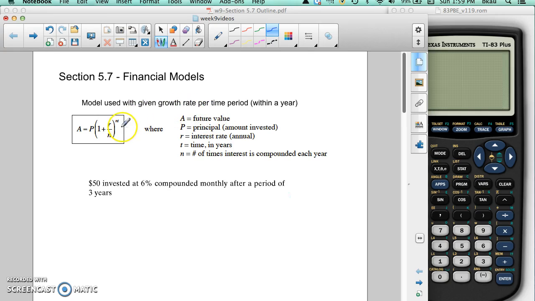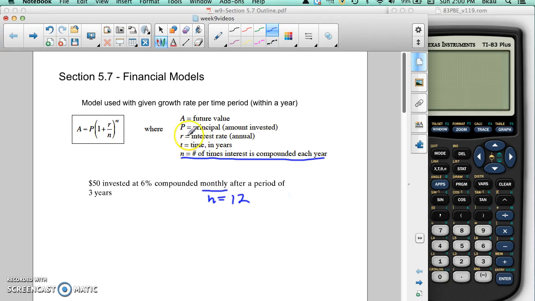So this is the formula that we're going to use for compounding with a given growth per rate period. That rate period is going to be n, the number of times interest is compounded per year. So n is going to depend on whether we do monthly. In this example, monthly means n is equal to 12 times per year.